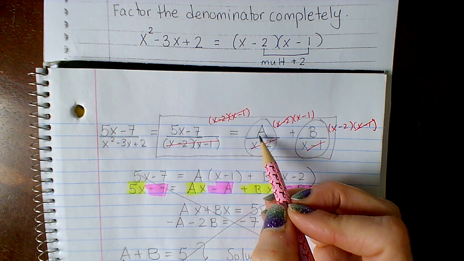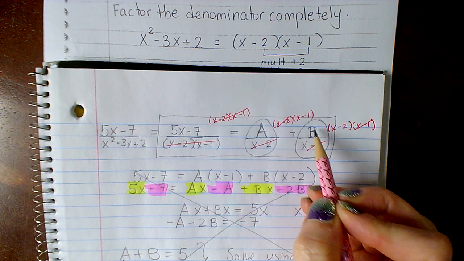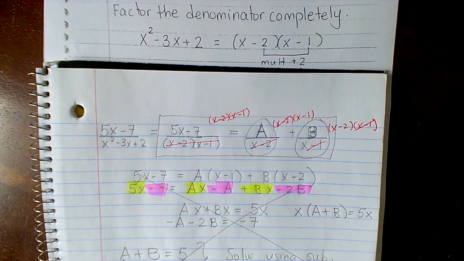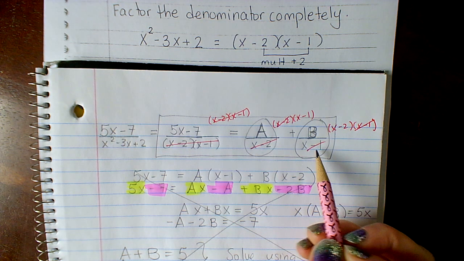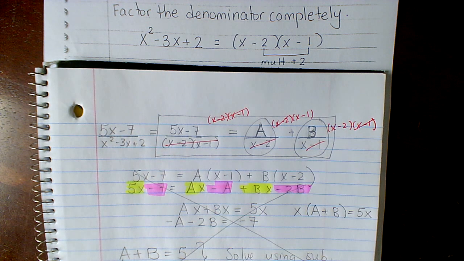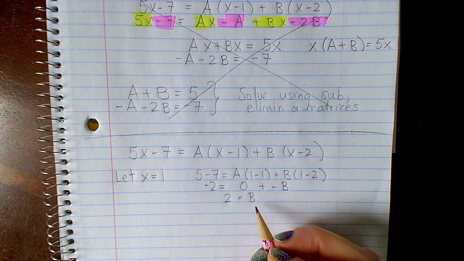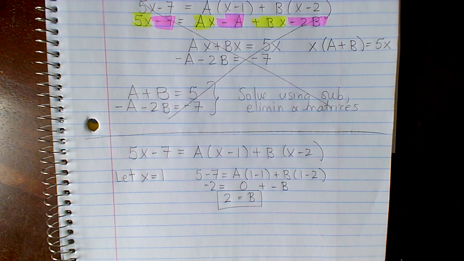So this is what I'm looking for. I want to find these numbers a and b so that I get this rational function broken down into nicer rational functions. All right, so I'm solving for a and b. Sweet, that means I've already got b. Booyah, halfway there.